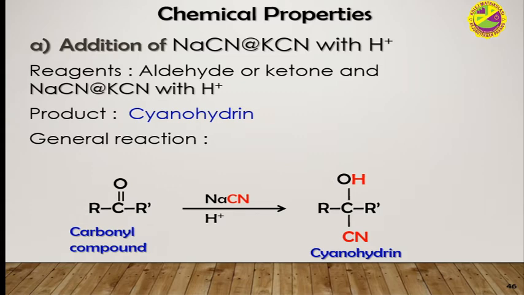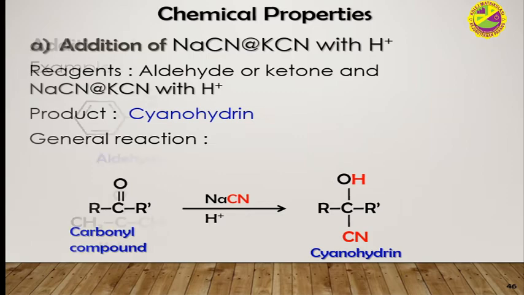If we look at the equations, when a carbonyl compound reacts with NaCN and H+, the carbon double bond oxygen is lost, and the oxygen becomes OH, while another single bond from carbon is attached to CN that is provided by NaCN.